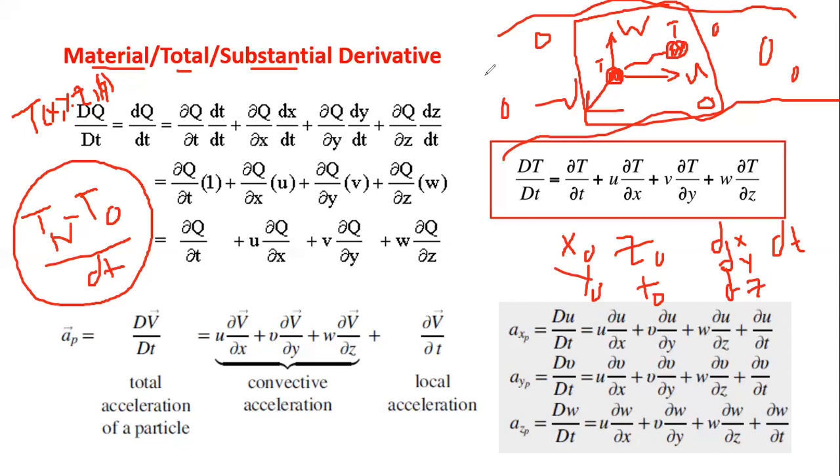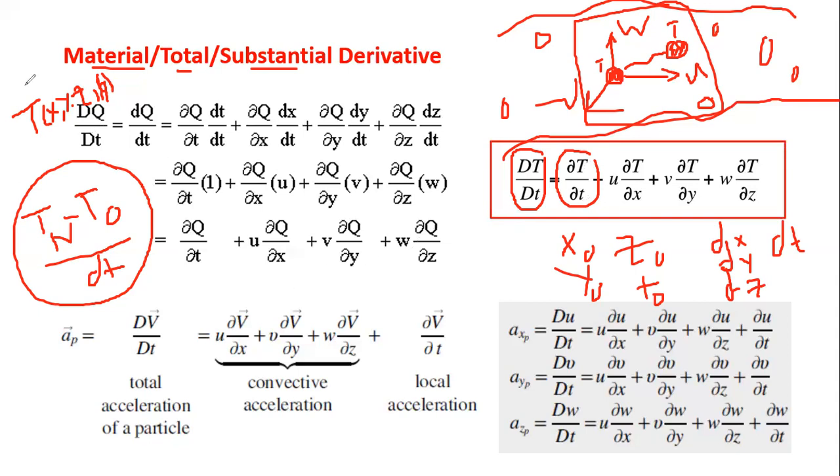How does it address this problem? It says that if you want to find how the temperature changes with time for the fluid particle as it moves through the flow domain, you have to calculate a lot of gradients. The first gradient is partial T, partial time.